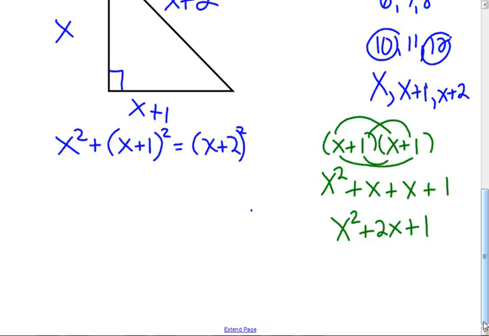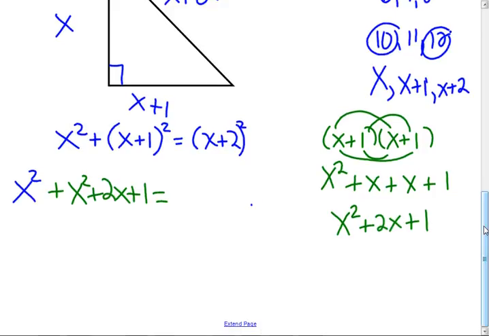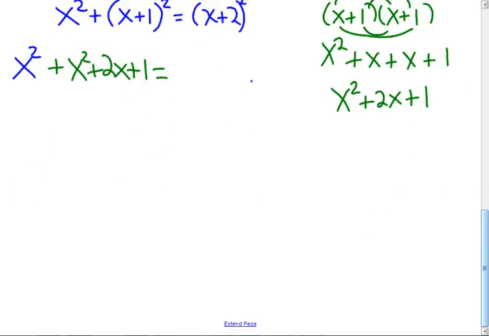So let's put it in my little equation here. So I have x squared. Now put it in green. Plus x squared plus 2x plus 1 equals, okay, what's x plus 2 squared? Nope. X plus 2 squared is x plus 2 times x plus 2.